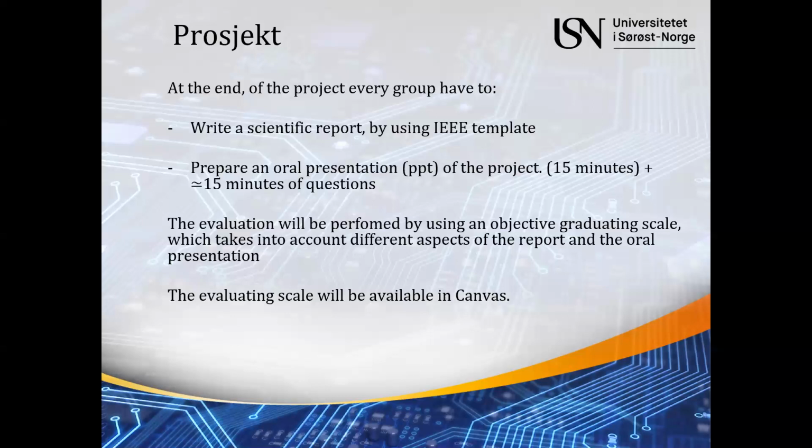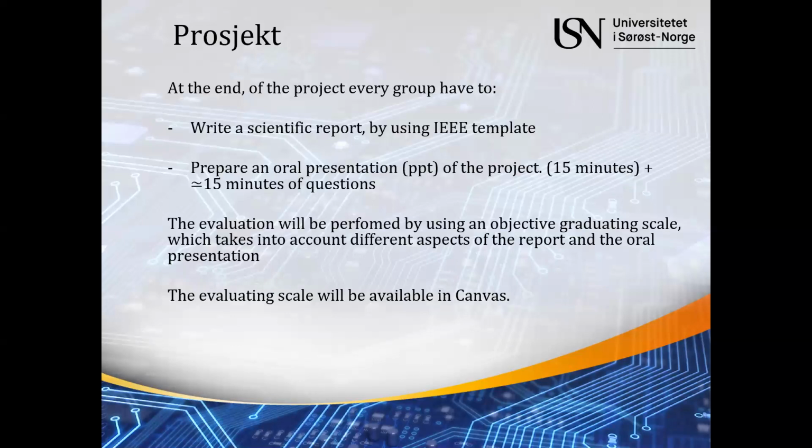So let's say, for example, quality of the plots will have maybe 10% of the grade, quality of the oral presentation 10% of the grade. These are just examples. The real table will be uploaded on Canvas. Quality of the written report, like if you have a grammar error or something like that, maybe 5%, and so on.